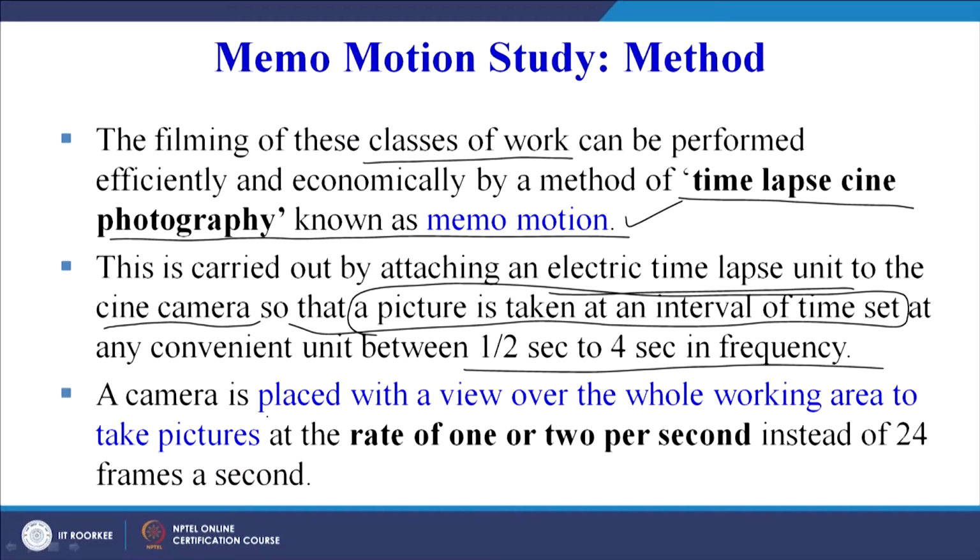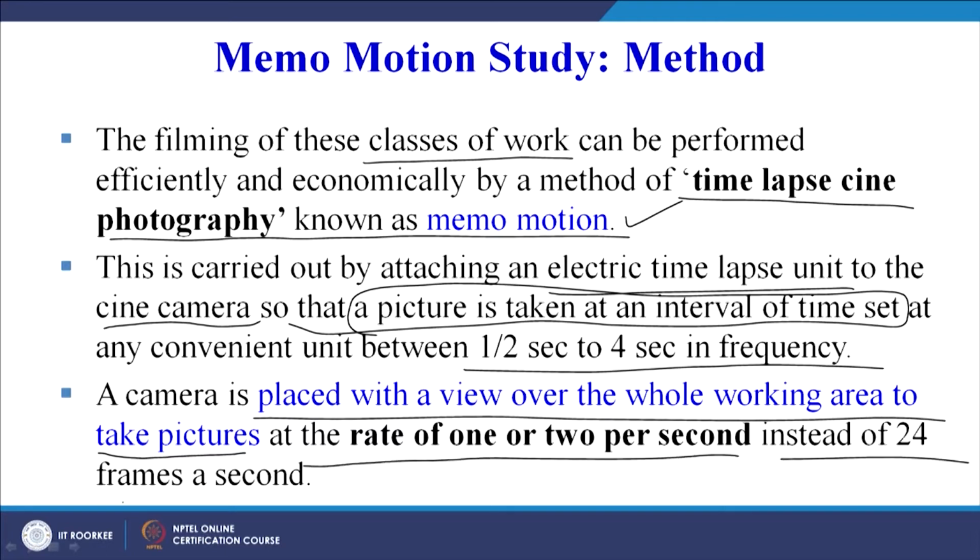A camera is placed with a view over the whole working area to take the pictures, at a rate of 1 or 2 per second instead of 24 frames a second. So normally when we take a continuous film or a continuous movie, we may be using, even these days, more than 24 frames a second, but in this particular case our target will be to take pictures at the rate of 1 or 2 per second.